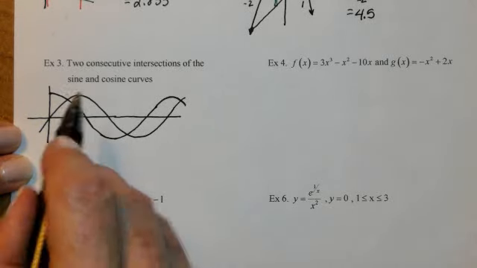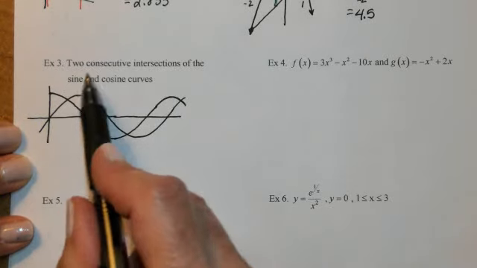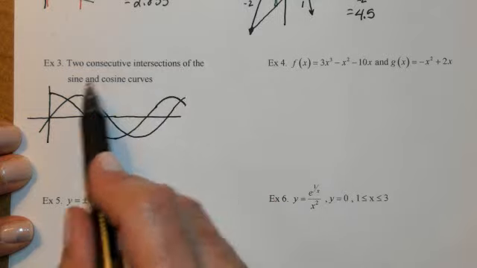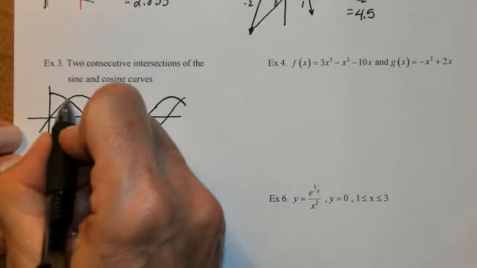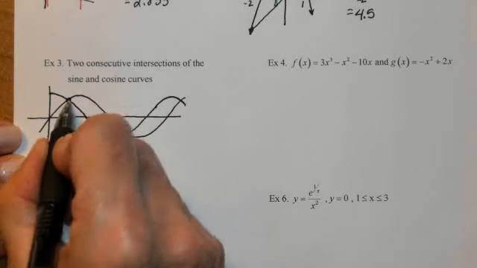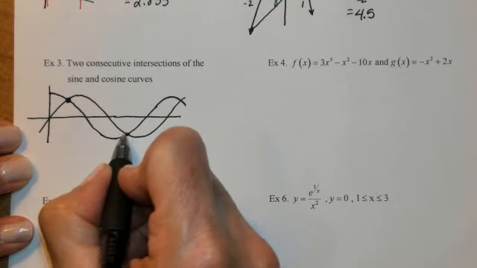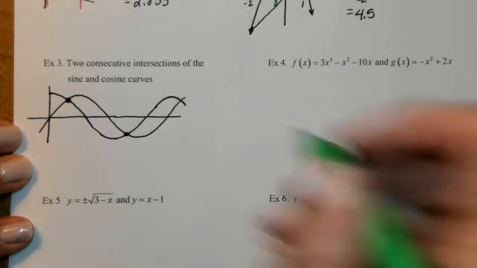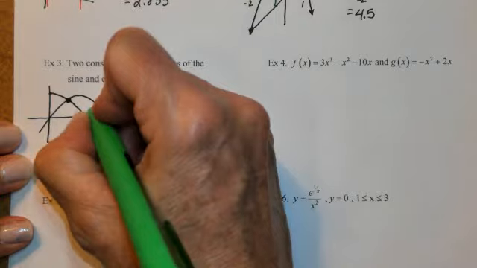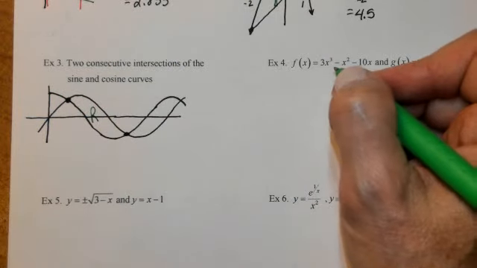So we need the area bound by 2 consecutive intersections of these curves. Well, 2 consecutive intersections, so if this is 1, then the next consecutive one would be this one. So we want the area bounded by that. So this area right here.